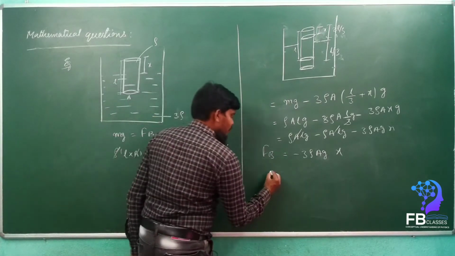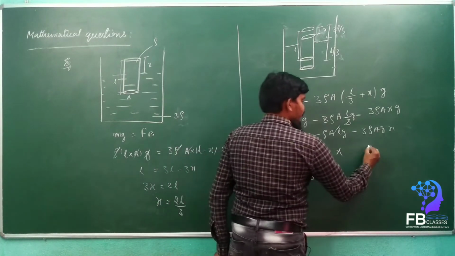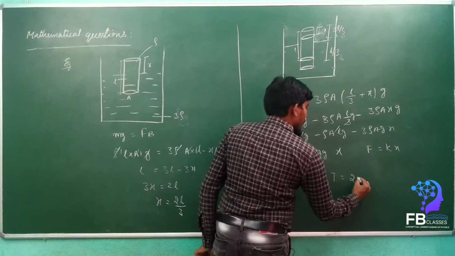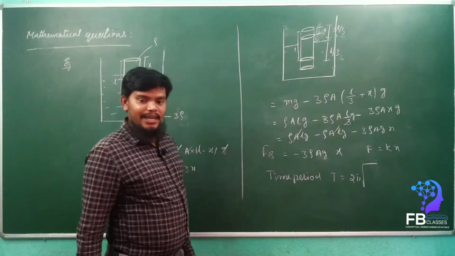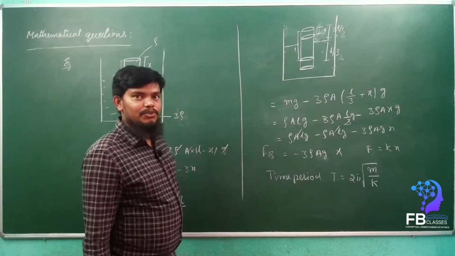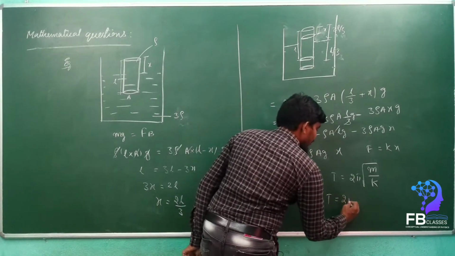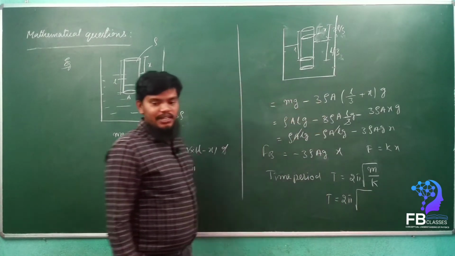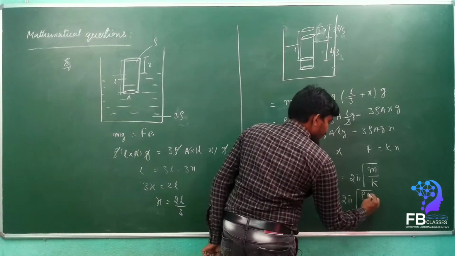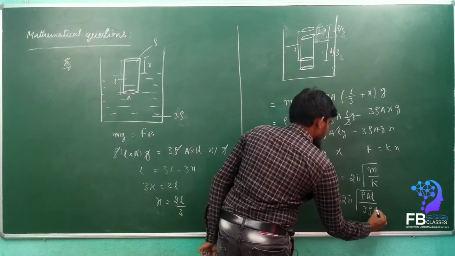So time period: it is in the form F is equal to K into X. So time period T is equal to 2 pi root M by K. Now T is equal to 2 pi root, M is density into volume, rho A into L, by K, which is 3 rho A g.